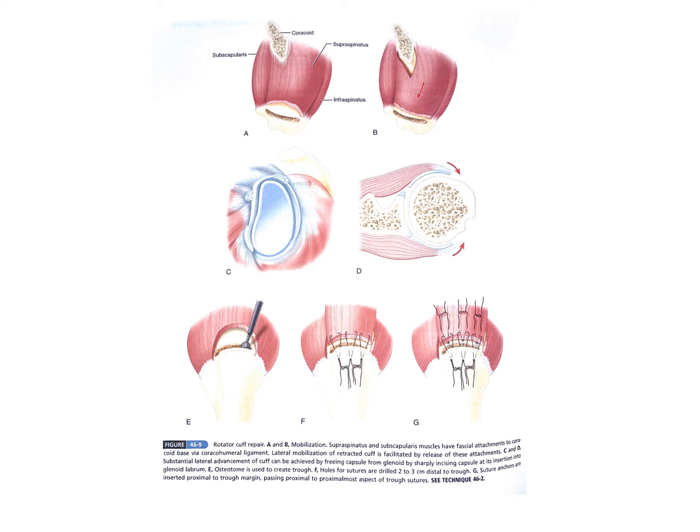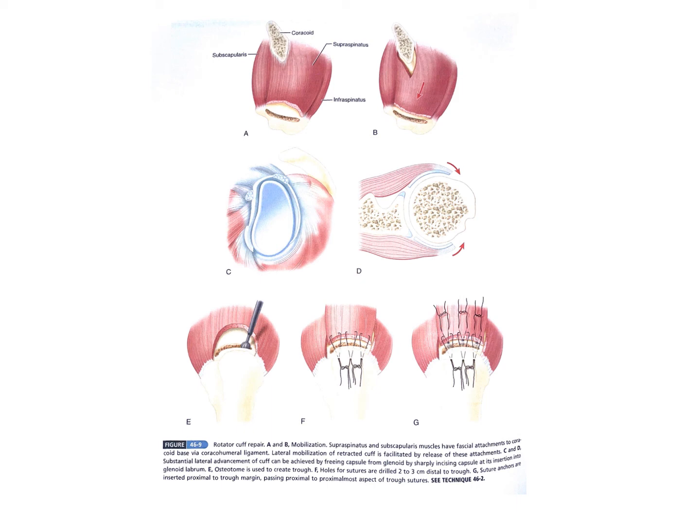The A and B images show mobilization, where the supraspinatus and subscapularis are released from the coracoid, and there is lateral mobilization of the retracted cuff, which is facilitated by release of these attachments.